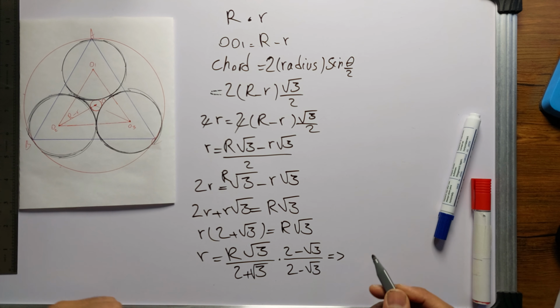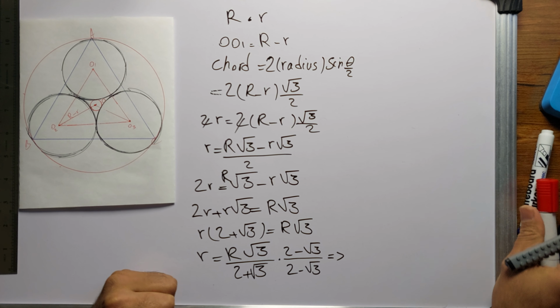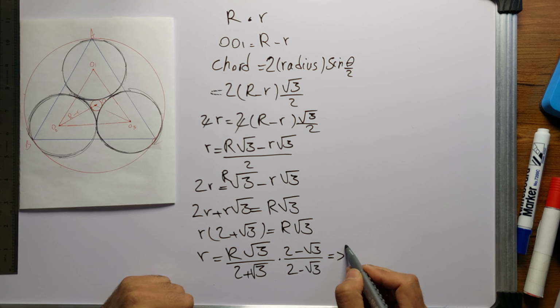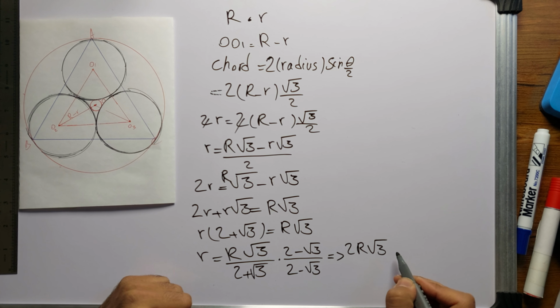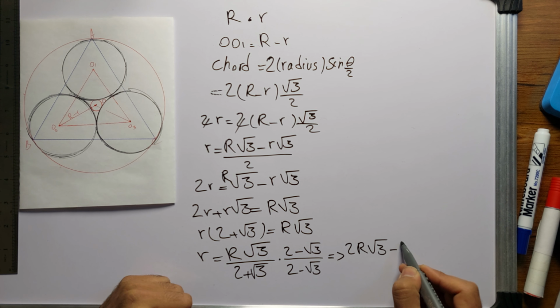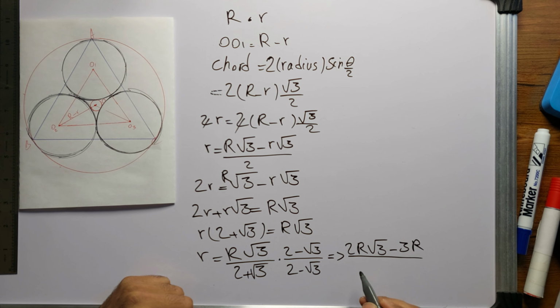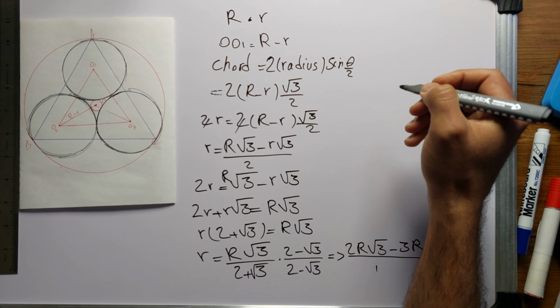Then it becomes 2R square root of 3 minus 3R over 4 minus 3, which is 1. Okay, so let me write it down here.